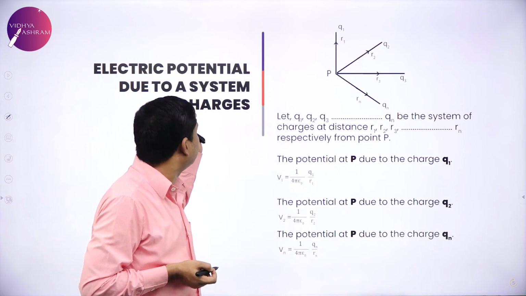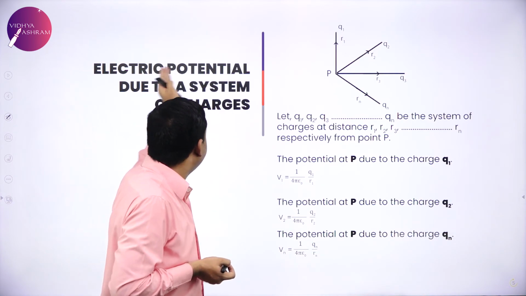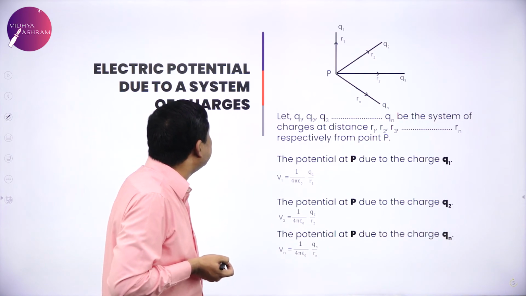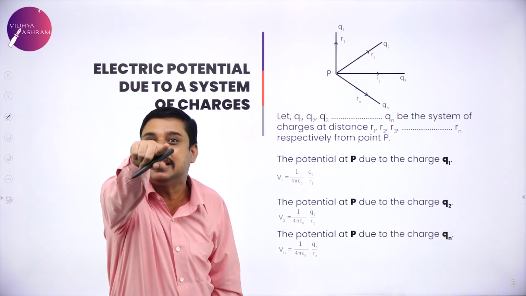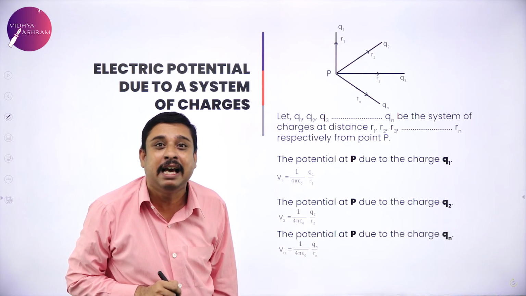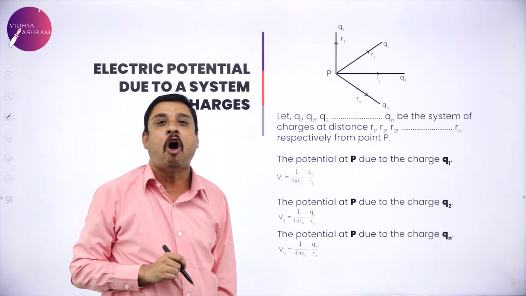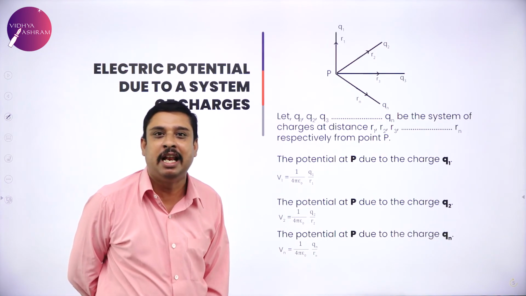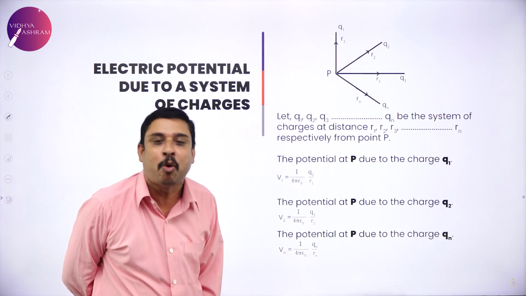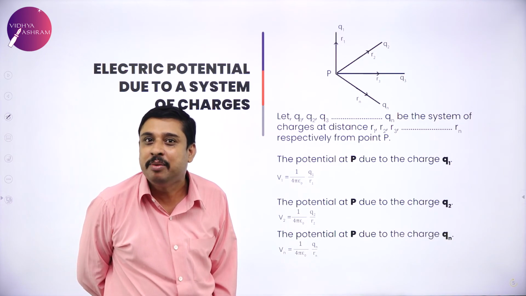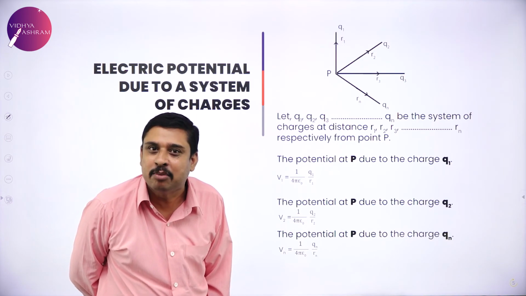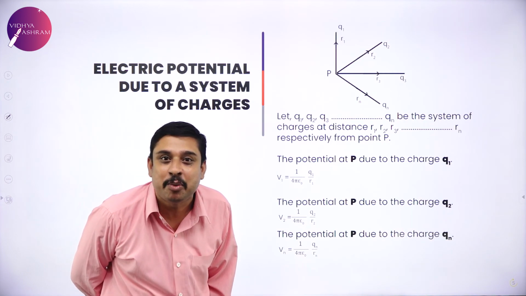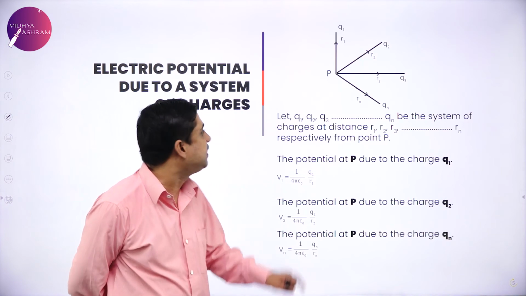Now continuing, now I calculate electric potential due to a system of charges. Previously, it was a single isolated point charge. What was the expression for potential due to an isolated point charge? 1 by 4 pi epsilon naught into Q divided by R. But what have I considered here?